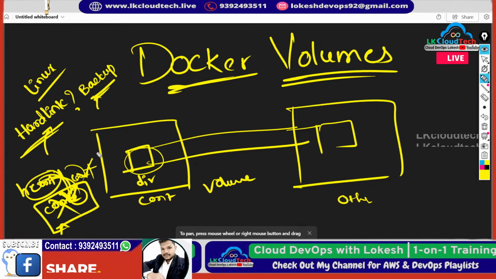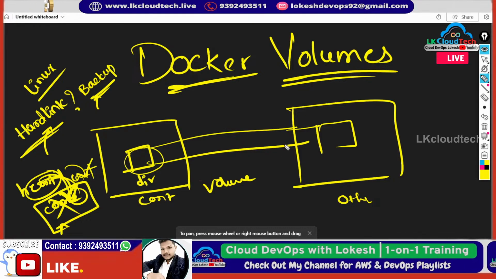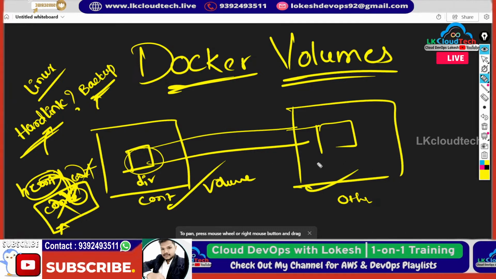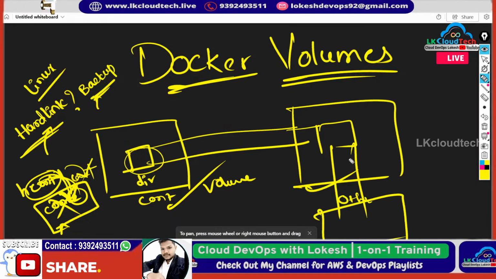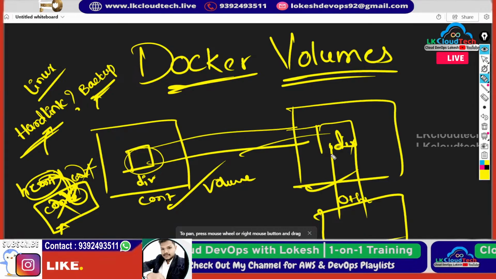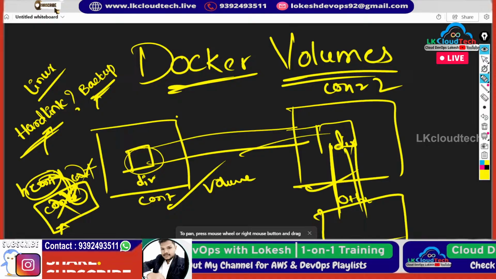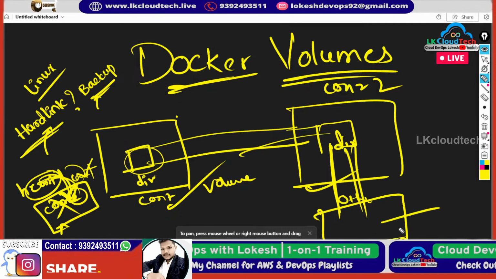You can share data also. A volume can be shared among multiple containers. For example, this is a directory, and you can share it from here to here. This is container one, this is container two, container three, container four.